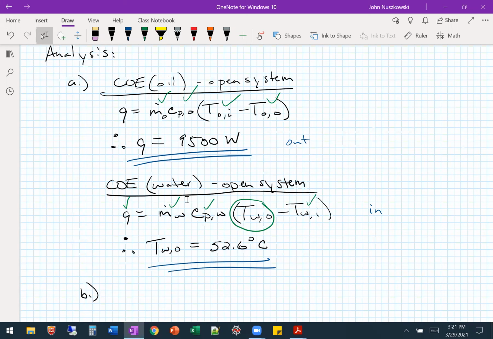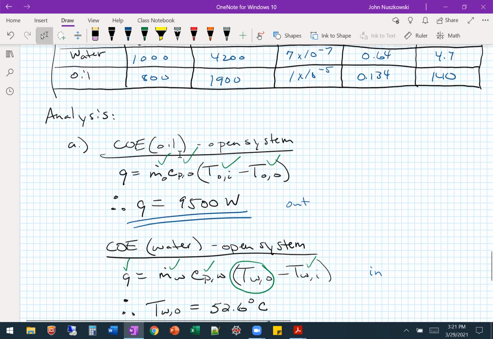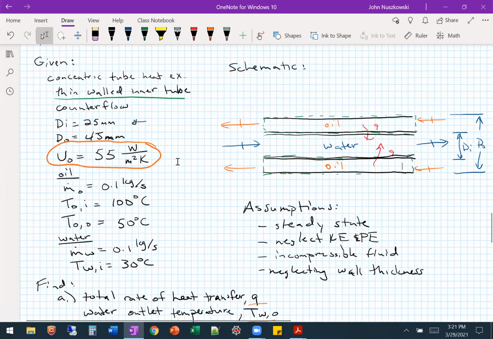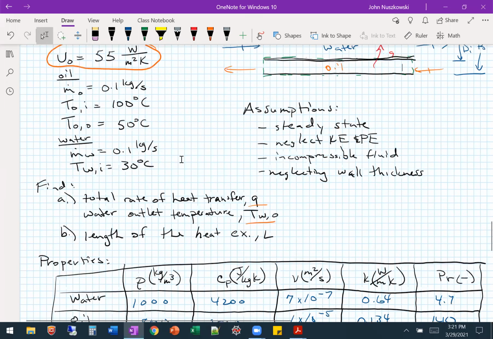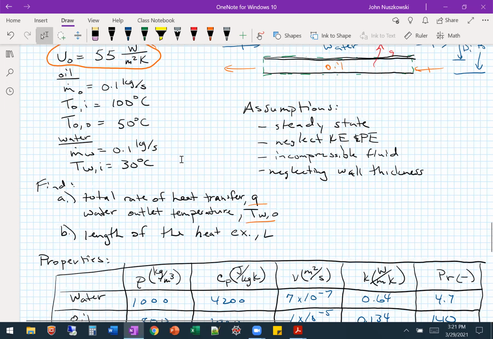If we weren't given that, we would have to go through those steps. So then what would be the next thing to do? We're figuring out length, and there are actually two ways we can go about this.